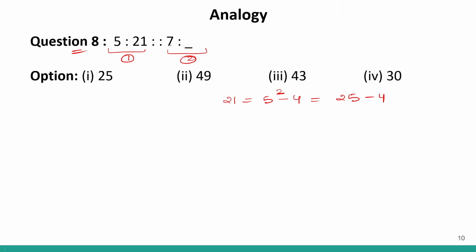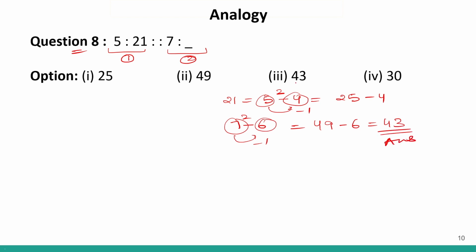So can I use the same logic for 7? 7 square minus 6, because this was minus 4. The relationship between 5 and 4 is minus 1, so between 7 and 6 it will also be minus 1. So 7 square minus 6, 49 minus 6 will be 43. This will be my answer, which is given in option number 3. So option number 3 will be the correct answer to this question.